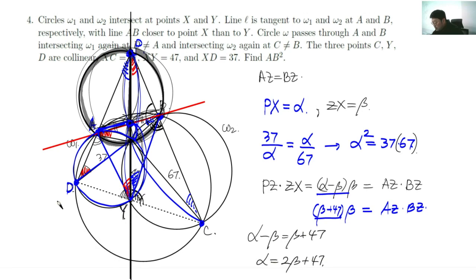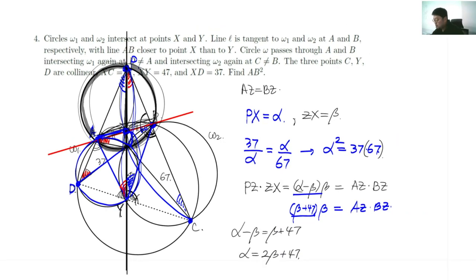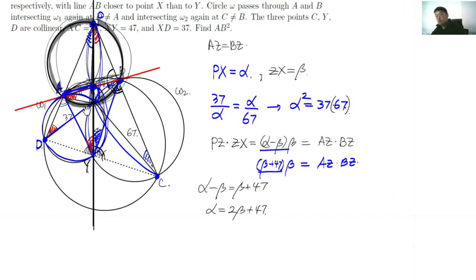From now on, everything looks not super simple, but doable. This is totally doable. So, what is alpha minus beta? Alpha minus beta equals beta plus 47, right? And instead of writing, shall we change everything in terms of beta? Because I know about alpha squared. So if I change everything in terms of beta, what will happen?